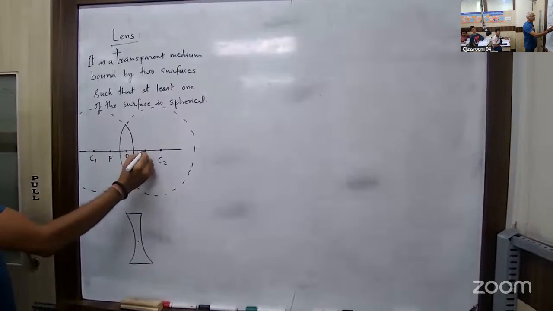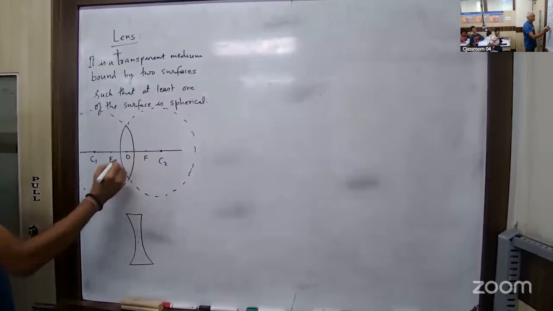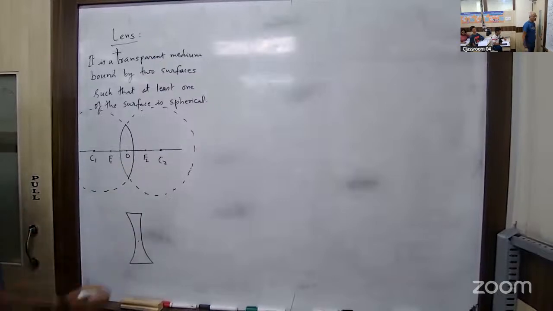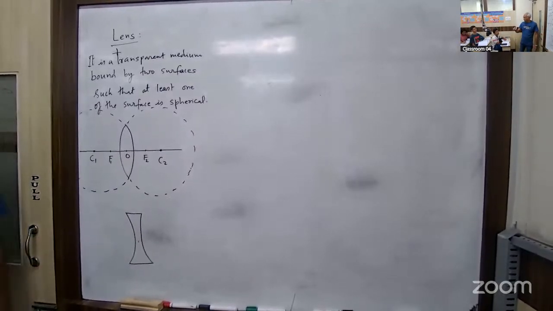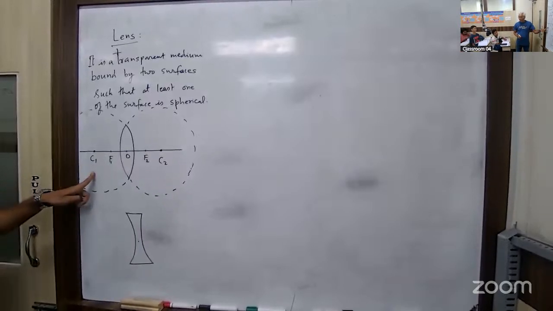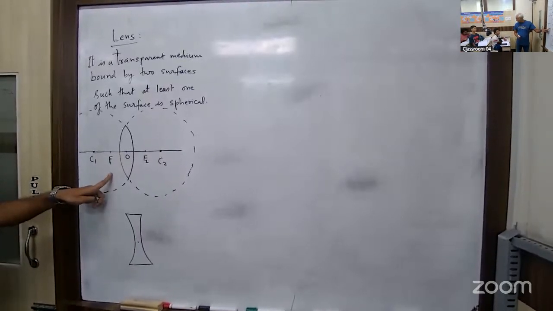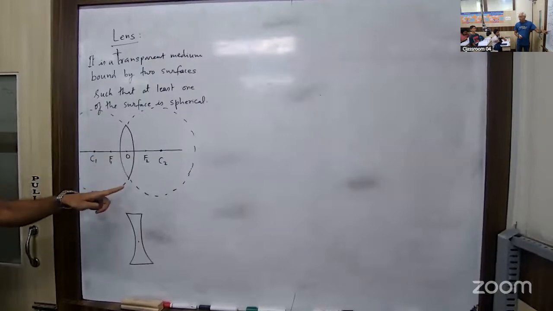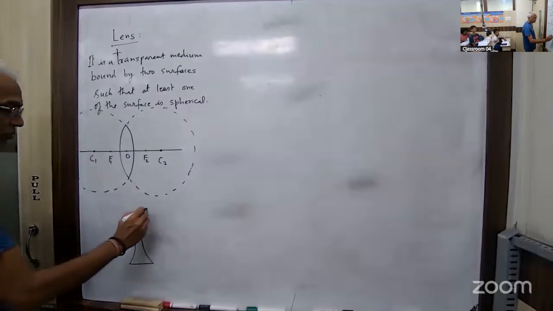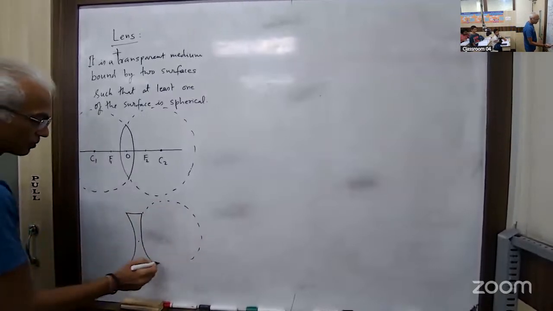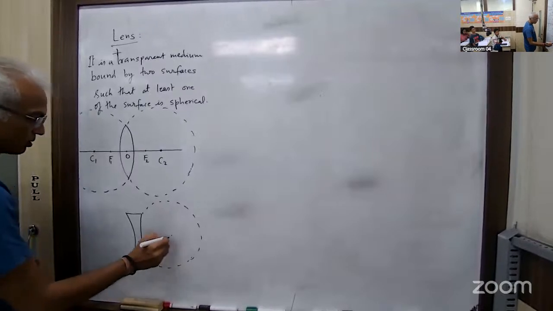So there are two principal foci, F1 and F2. In case of a mirror, we had just one center of curvature and one focus, whereas in case of a lens, we have two foci and two centers of curvature, right? Because they are cut from two spheres. The same like here.